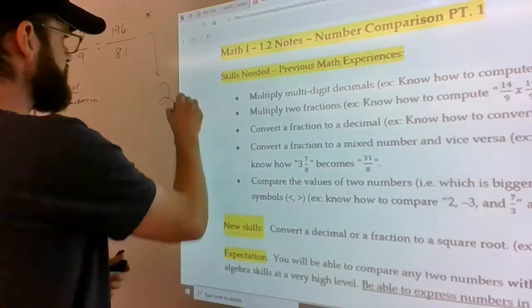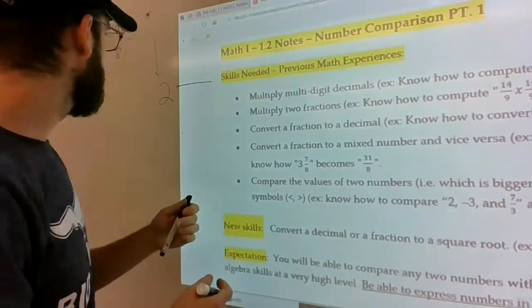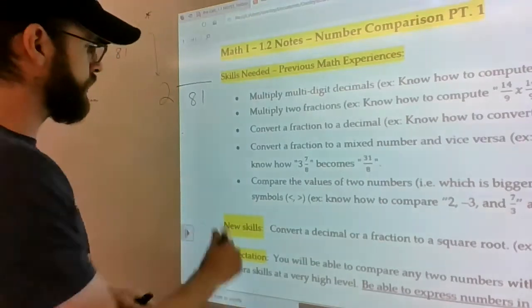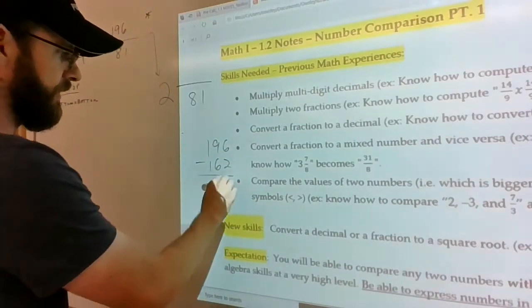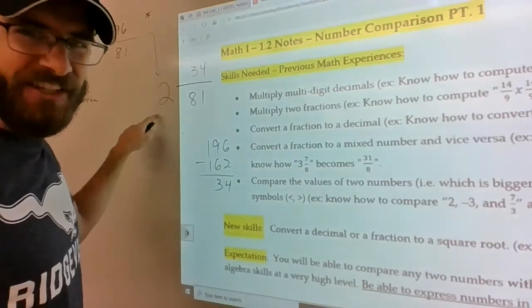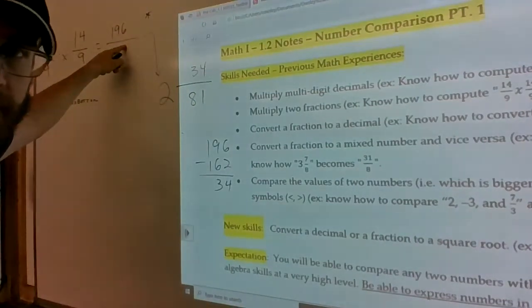Now the question is, how many leftovers does it take to get to 196? So 2 times 81 gave us 162. What's 196 minus 162? Well, that's 34. All right, I think this gives us a lot better perspective on that fraction.